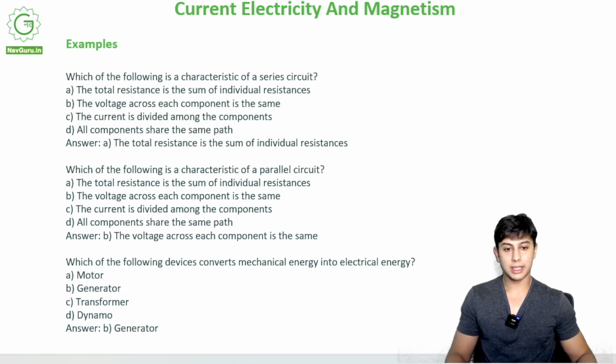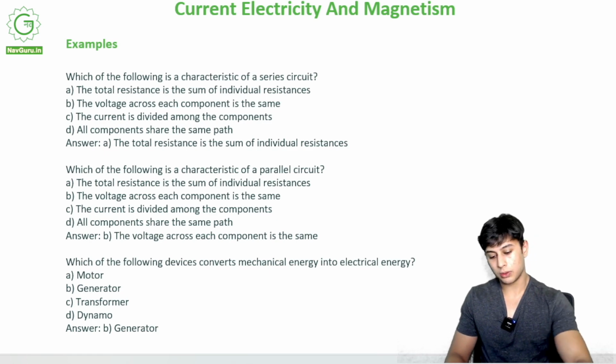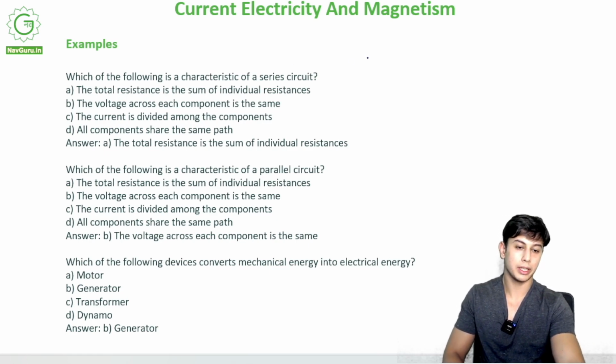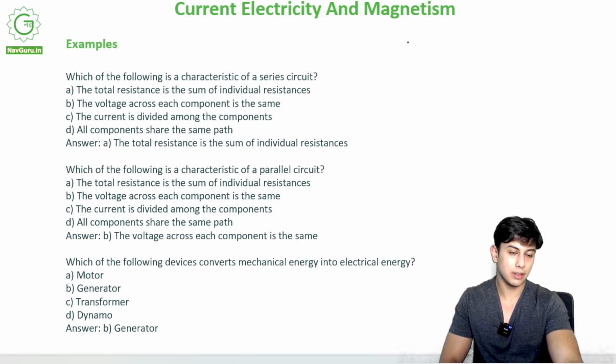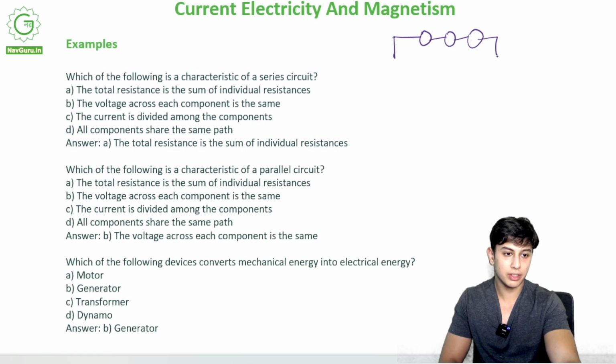Which of the following is a characteristic of a series circuit? Now this is an important concept. Alright, what is a series circuit? I will teach you. When multiple appliances are connected in single wire, one after the other, okay, this is series, one after the other.